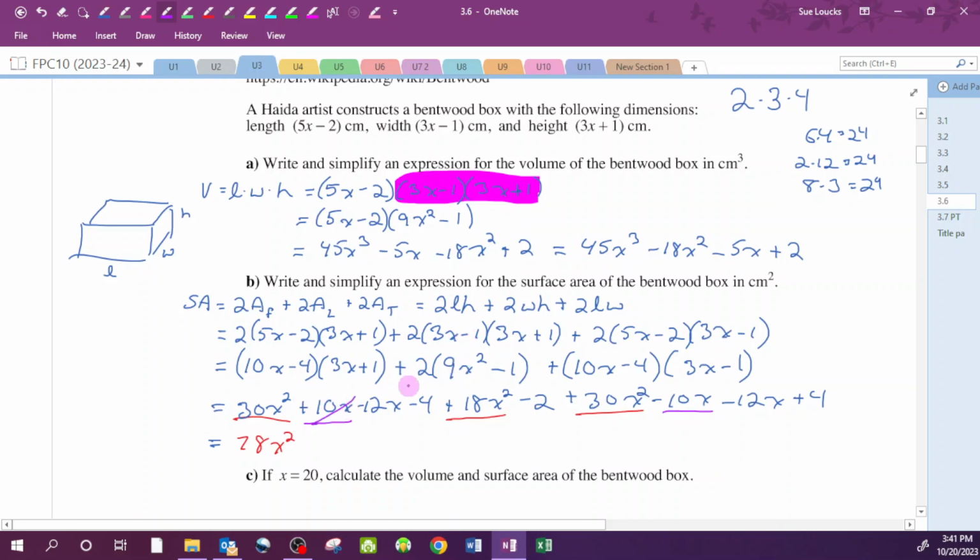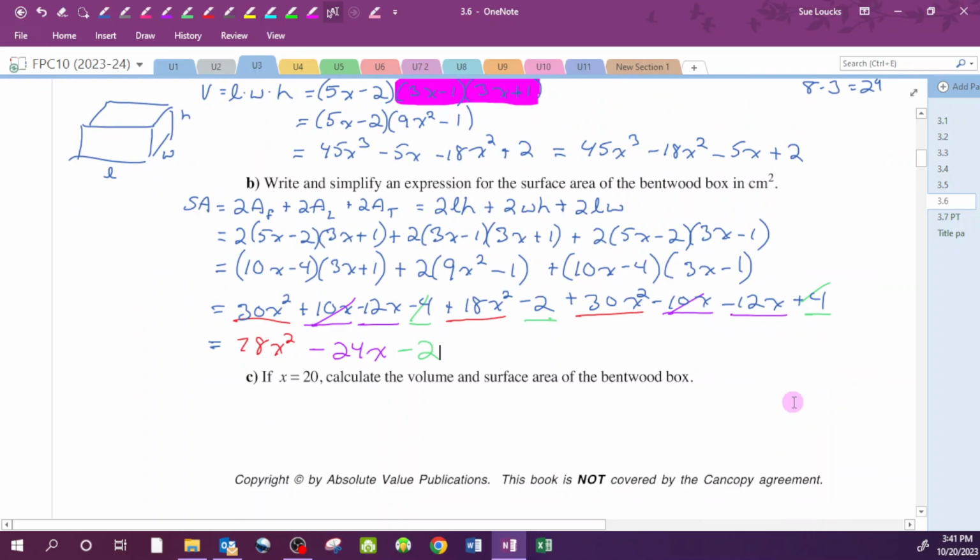Yay, that's good. Actually, I can just cross those two out. And then I've got minus 12x, minus 12x is minus 24x. And I've got minus 4 plus 4, those cancel out, minus 2. So I have minus 2. So there's my simplified expression for the surface area of the box.